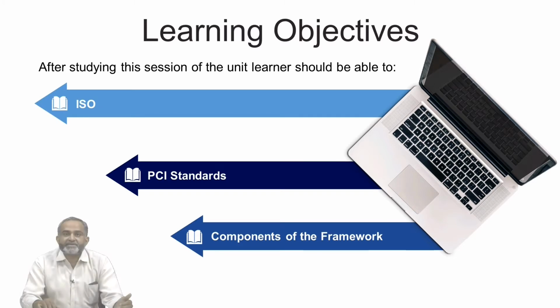Because in the previous session, as we discussed, ISO is an international standard, and the ISO 27000 series is for IT asset or information asset security. Then after that, the PCI standard, the payment card industry standard, and finally you will learn about the components of the cybersecurity framework.